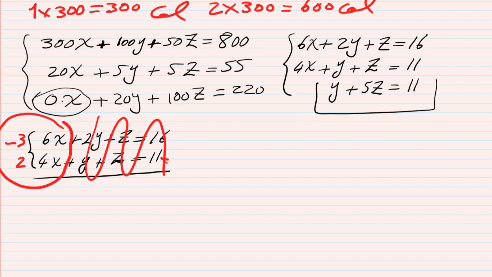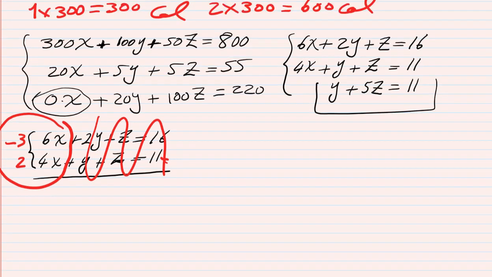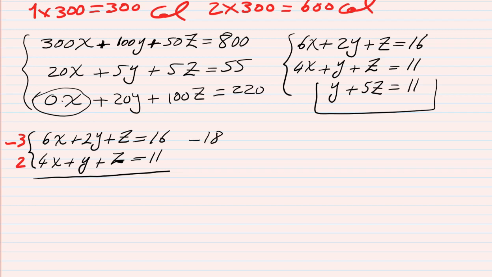Okay. Now, let me clear this extra stuff here so it's not so cluttered. All right, let's do the multiplication. Negative 3 times the first equation, that's negative 18x.